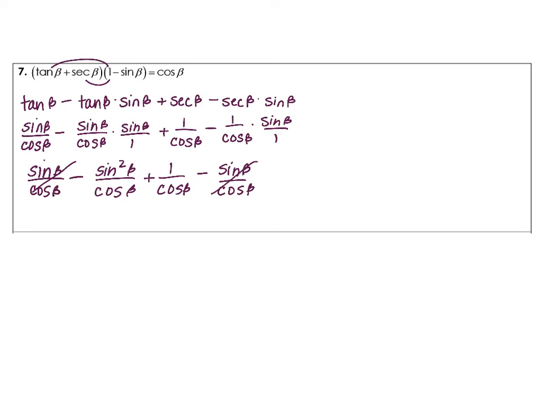And so let's see, here we have a common denominator, and so we have negative sine squared beta plus 1 over cosine beta, and that's the same thing as if we had 1 minus sine squared beta, which we know that's going to be cosine squared beta over cosine beta, and that's going to reduce to be just cosine beta. So that matches this other side here.